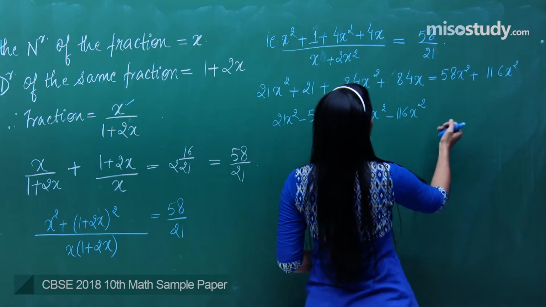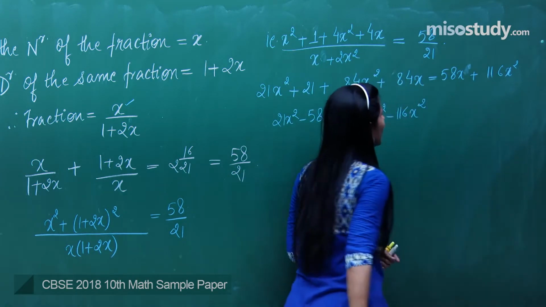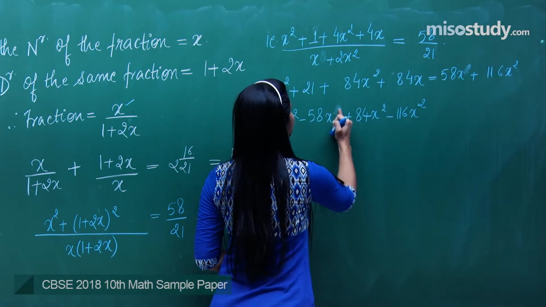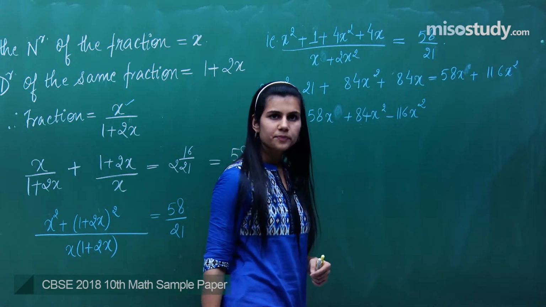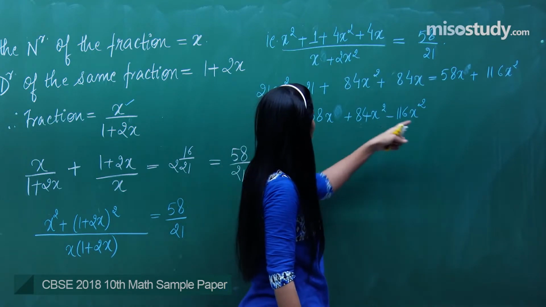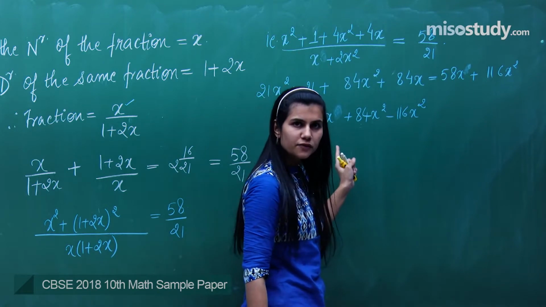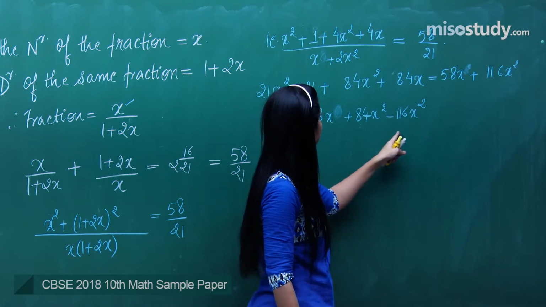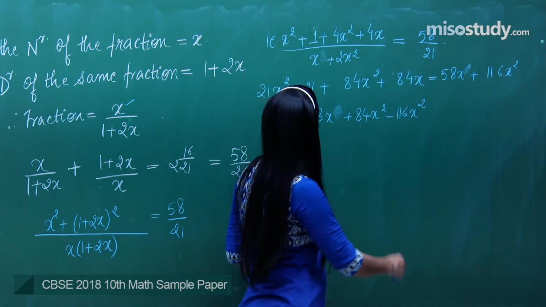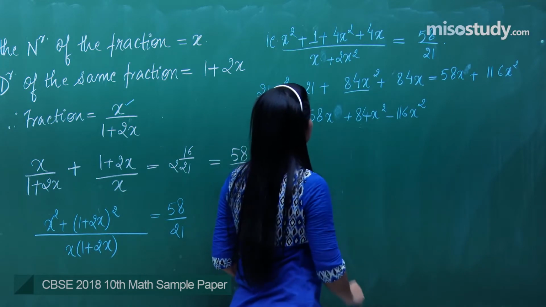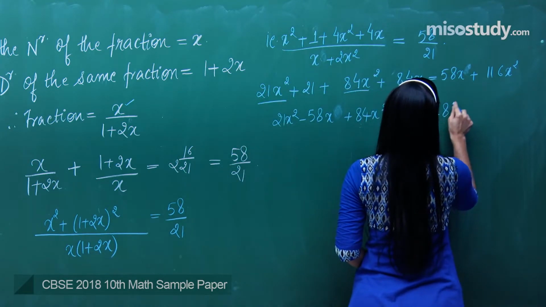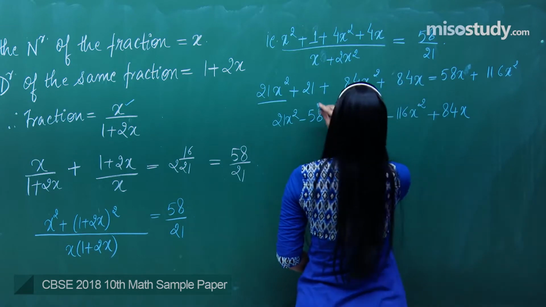So you will just have 58x, and that's it. So 58x, you have brought this side, so it became minus 58x, minus 116x square plus 84x square. You have written this, plus 84x plus 21.